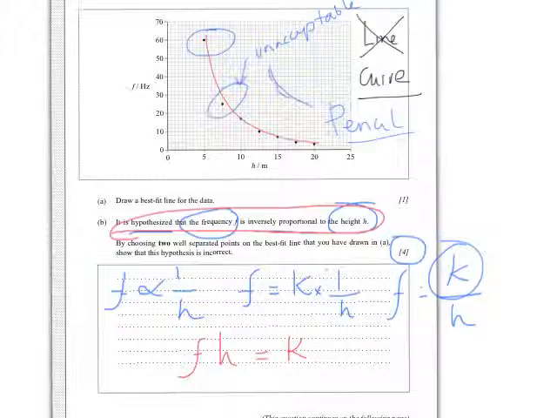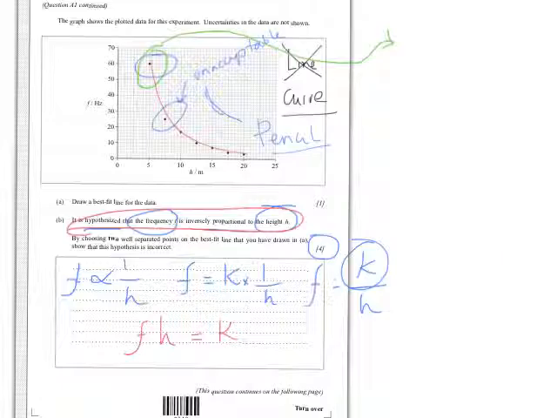Now it says quite clearly, choose two well-separated points. So I'm going to choose the first one, okay, which is a height of 5 and 60. And I'm going to choose the last one. You can't get any further separated than that. Okay, so follow the instructions carefully. If I do the maths, we can see that for that first point, we have 5 meters and 60 hertz.